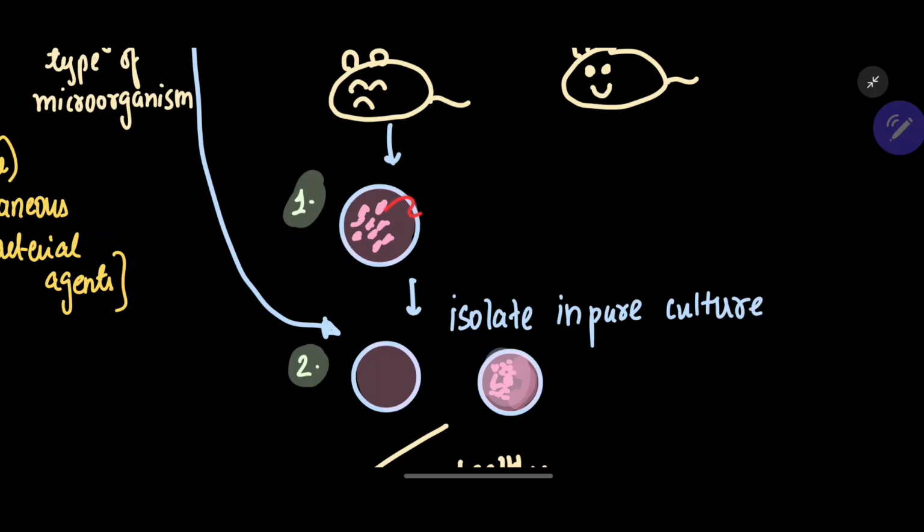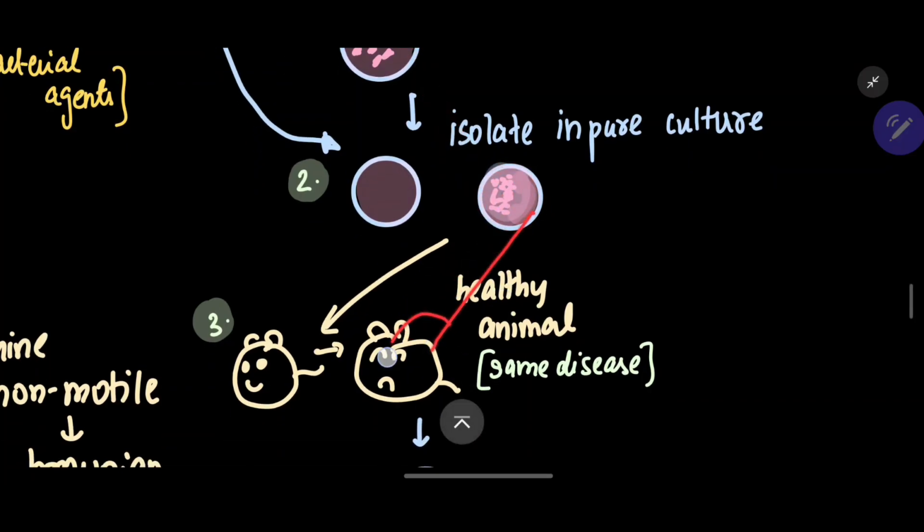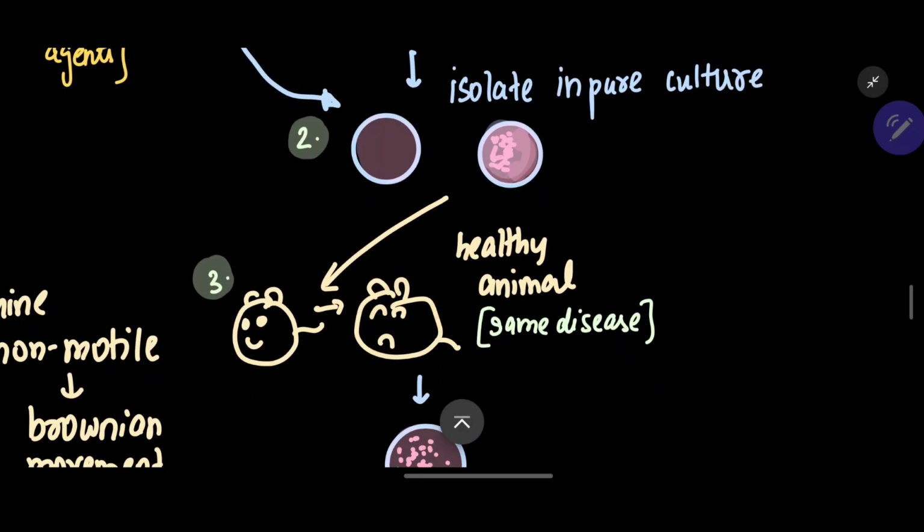So it should be possible to isolate these organisms in pure culture from the lesions of the disease, and they will grow in pure culture. So from this pure culture, when we take the isolated microorganism and inoculate it into a healthy, suitable laboratory animal, the same disease must result.